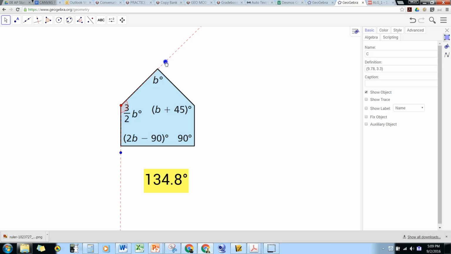That looks reasonable. And then the last one, this top guy that we figured was 90 degrees. Let's see if that was reasonable. Reasonable!